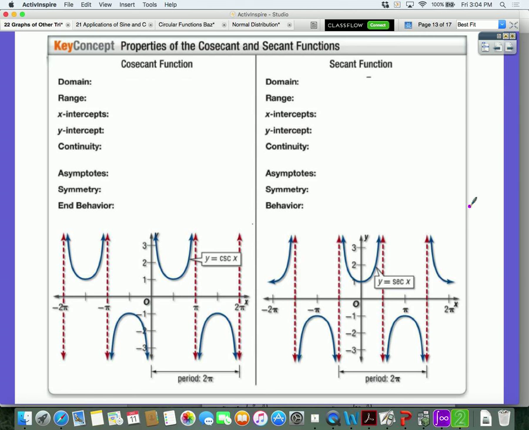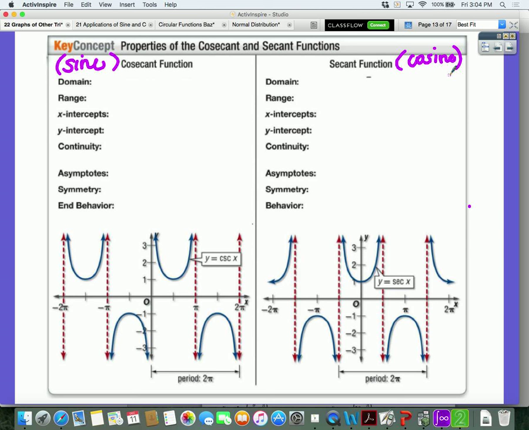Cosecant was the reciprocal of what? It was the reciprocal of sine, and secant was the reciprocal of cosine. So the biggest help when it comes to graphing secant and cosecant is you're going to need to be able to graph sine and cosine. Okay?